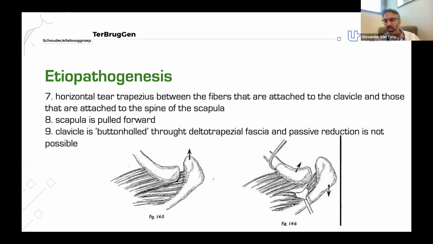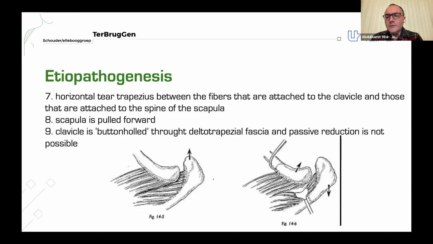Maybe the question again, why would you restrict overhead motion? In the first 6 weeks, because in the high level of AC dislocations, overhead motions may be painful in the first 3 to 6 weeks. And I would restrict overhead motions and strength trainings or endurance trainings.